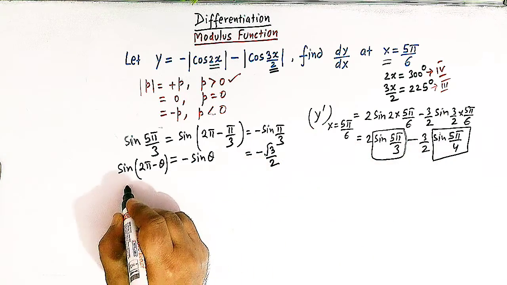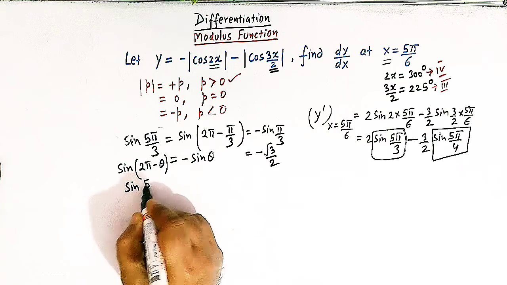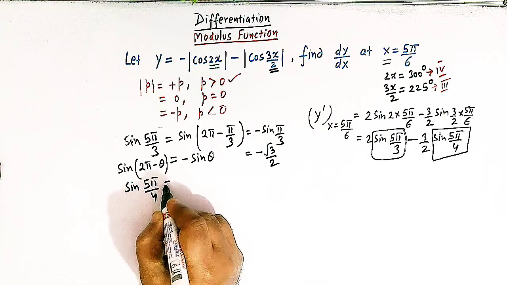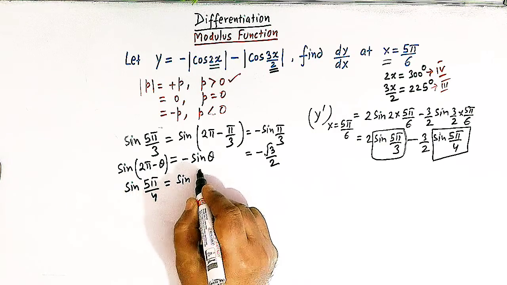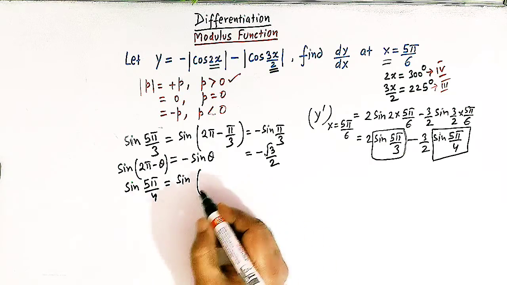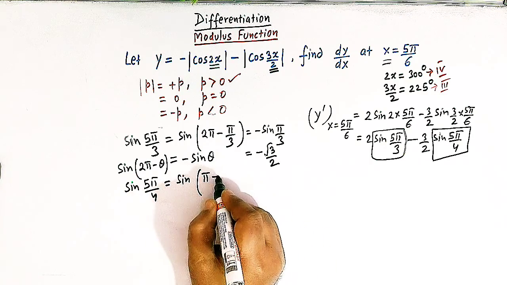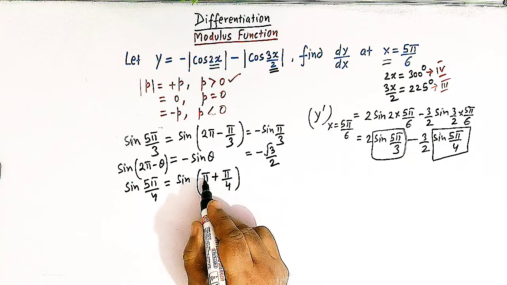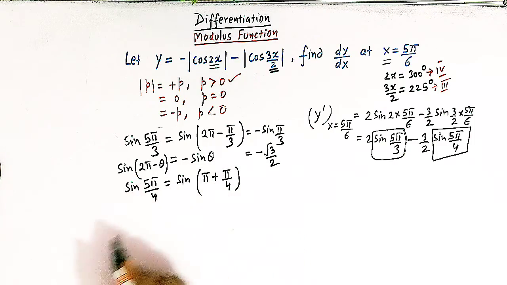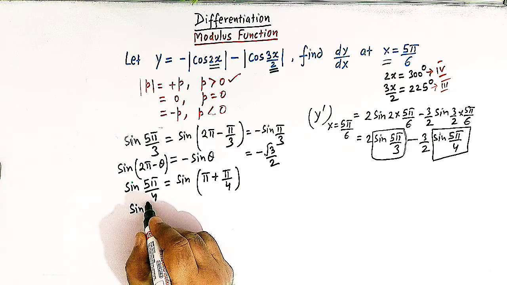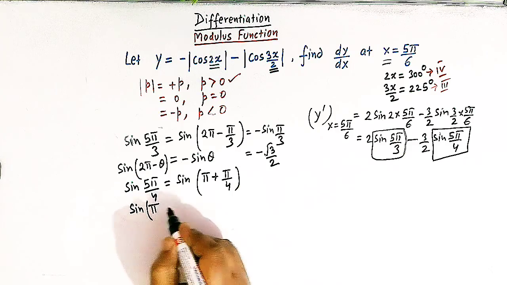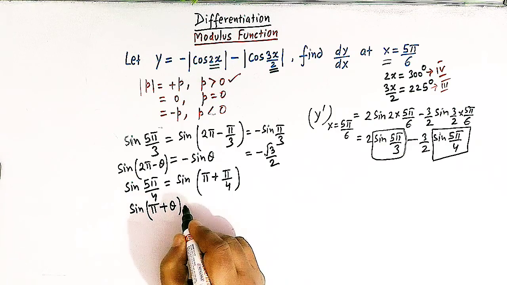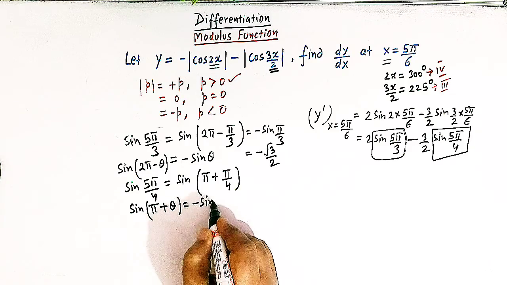And similarly here we have sine 5 pi by 4, and again splitting 5 pi by 4 as pi plus pi by 4, right? Because 4 pi plus pi is 5 pi. And now we can use this result, that is sine pi plus theta is equal to minus sine theta.